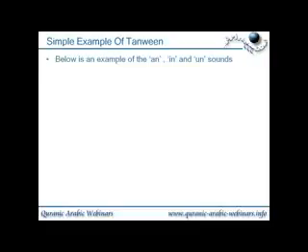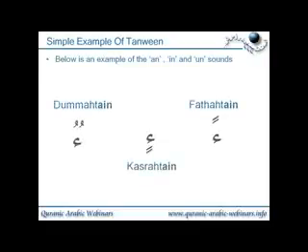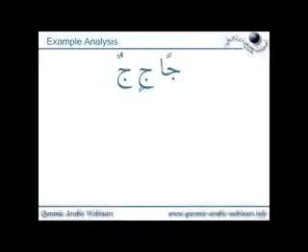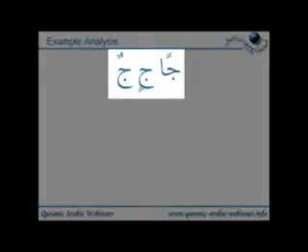So below is an example of the an, in and un sounds. So on top of the hamza we get with the fathatain an, with the kasratain we get in, and with the dhammatain we get un. So we have an, in, un. Example analysis, so just a few words before you go into the main practices. Here we have jan, jin and jun.